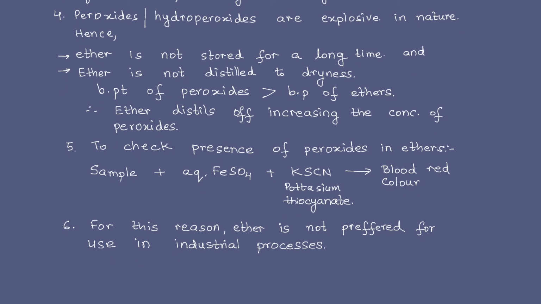We take the sample of ether, we treat it with aqueous ferrous sulfate, followed by treatment with potassium thiocyanate. Appearance of blood red color shows that the sample contains peroxide, and I have to be very, very careful. It is because of the dangerous nature of the peroxides, usually ethers are avoided for use during industrial processes.